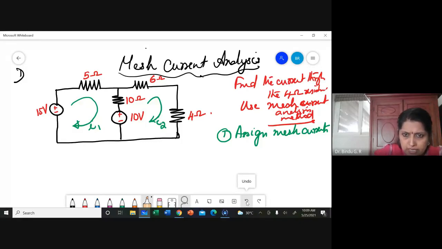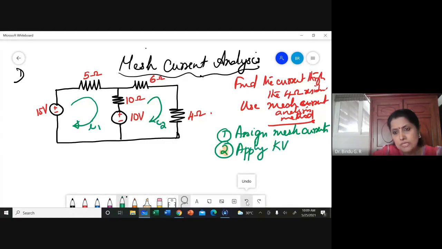Second step is to apply Kirchhoff's voltage law, KVL, to these meshes, so that you get certain equations.